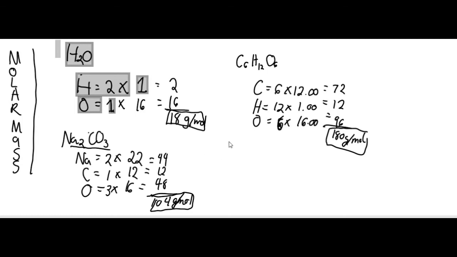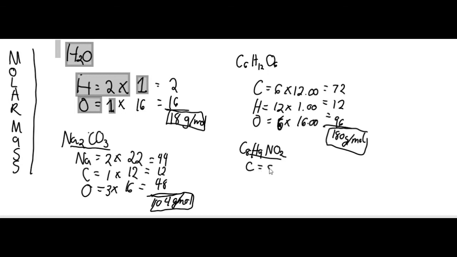Okay. Paracetamol is C8H9NO2. This is paracetamol. So, how many carbons do we have in paracetamol?